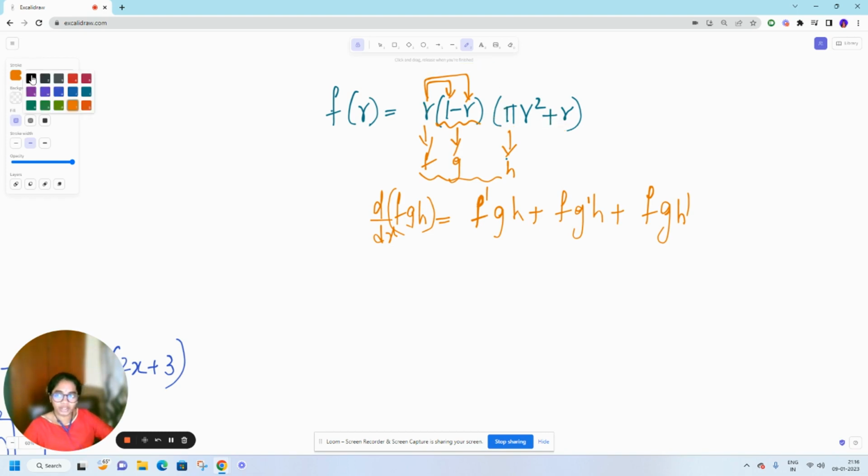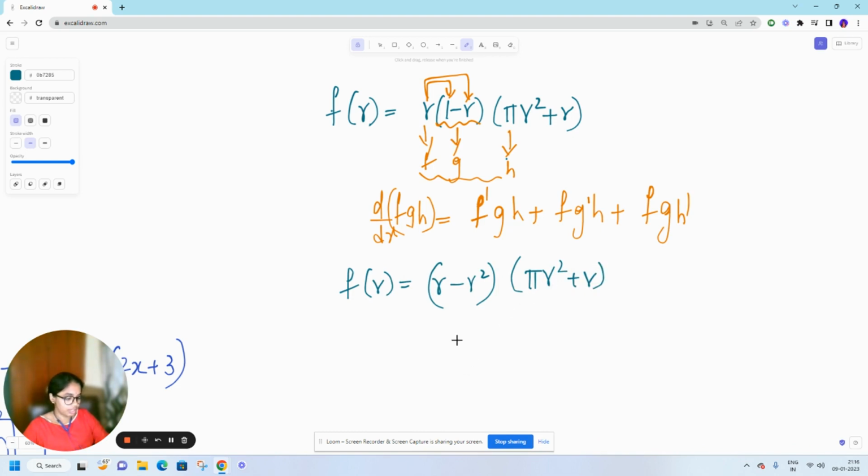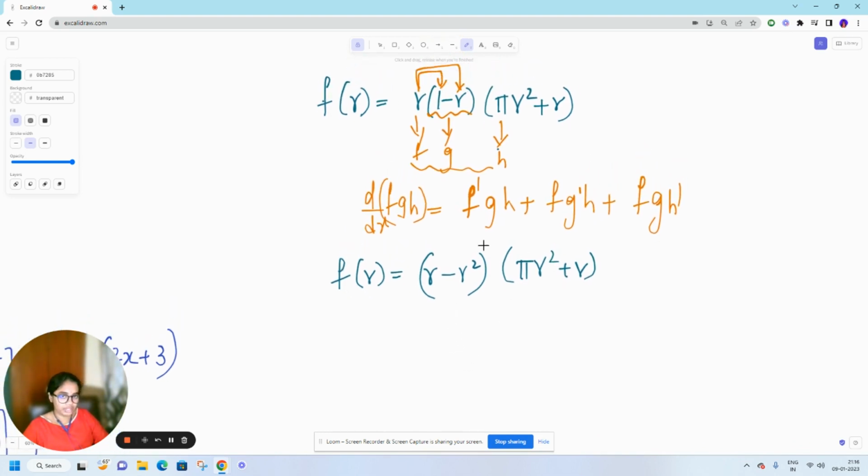What would I get? f of r is equal to r minus r square into pi r square plus r. Yes, or you can also write it as 1 minus r into pi r cube plus r square. It is your choice. Okay, now let me solve or find the derivative of this term.